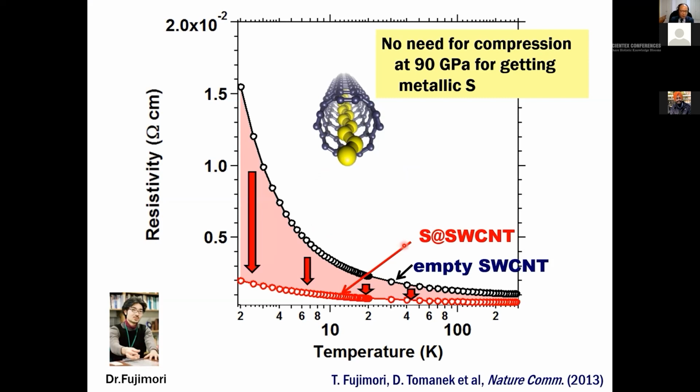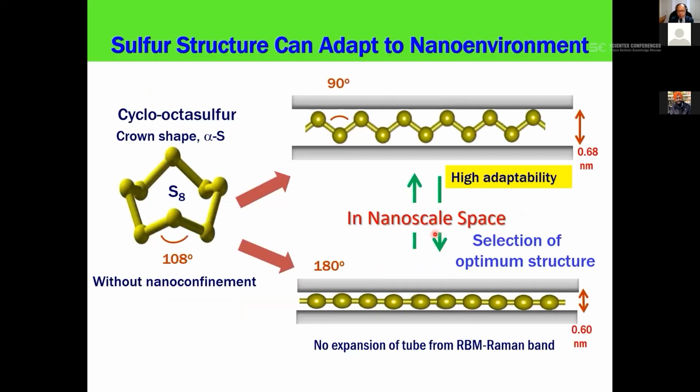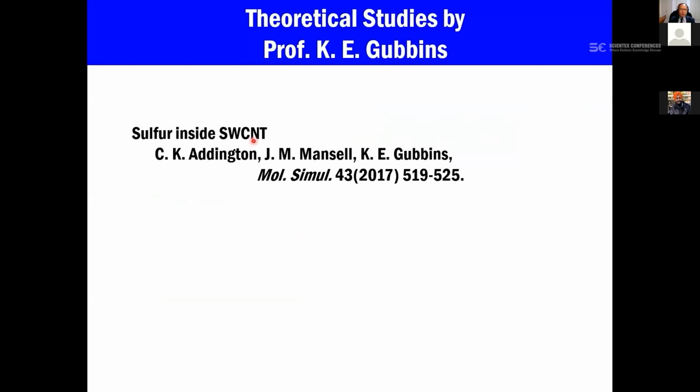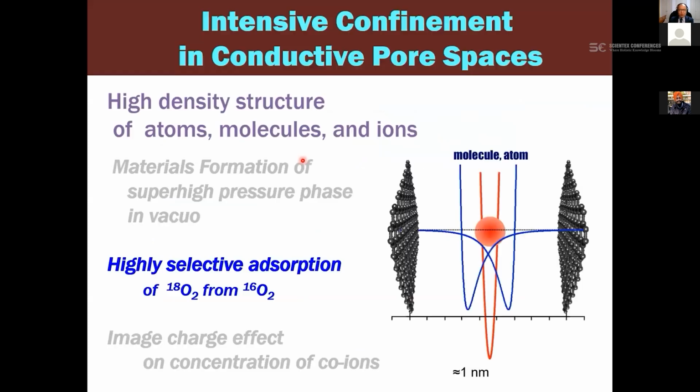Still, we need more study. And also Professor Keith Gubbins' group gave the theoretical support: the sulfur inside a single carbon nanotube should be metallic.